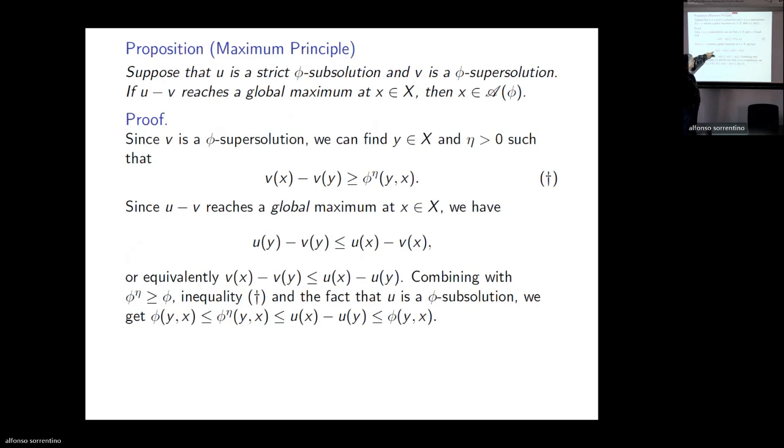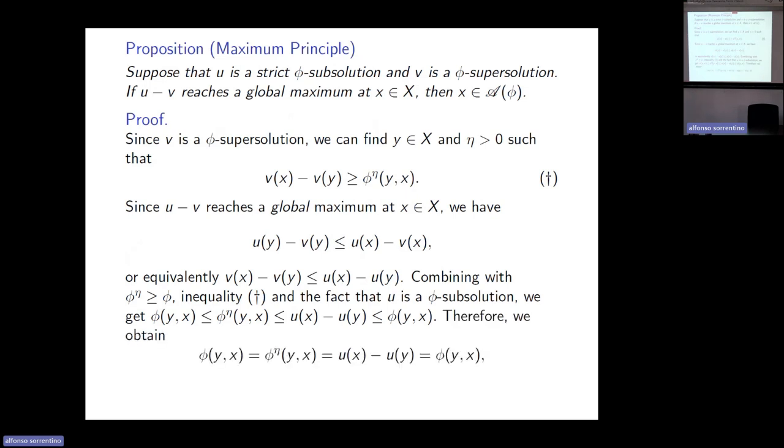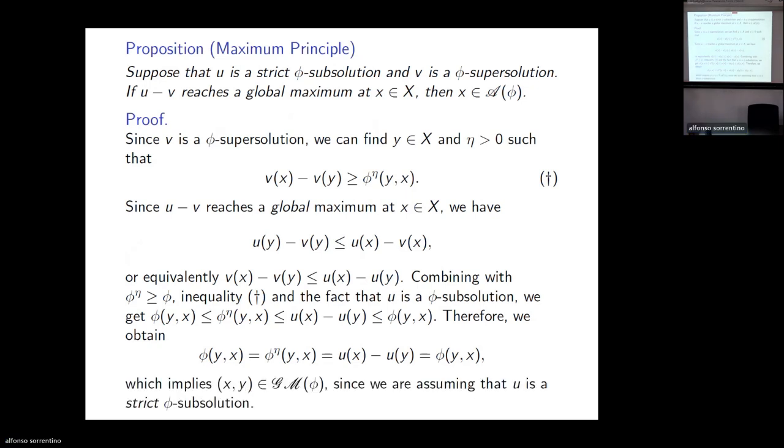And so phi eta of y x is less than v(x) minus v(y), which is less than u(x) minus u(y). And this is less than phi(y x), because u is a subsolution. So in fact, we get the equality: phi(y x) is phi eta of y x is u(x) minus u(y) is phi(y x).